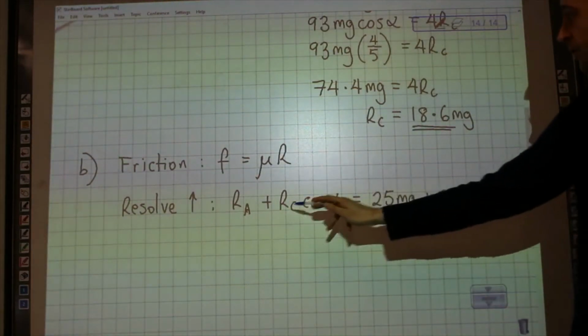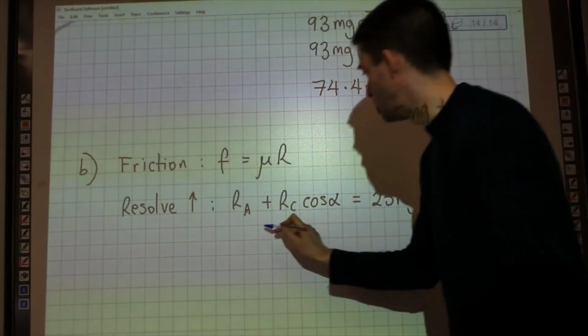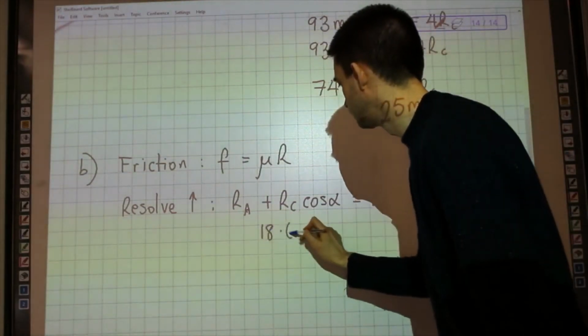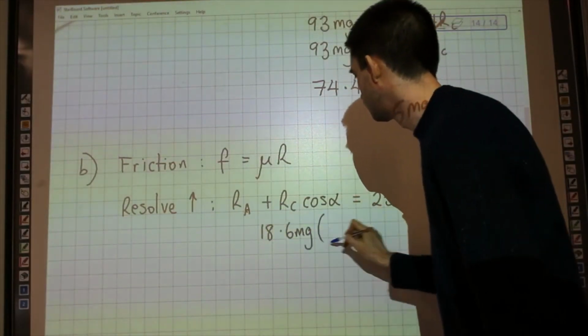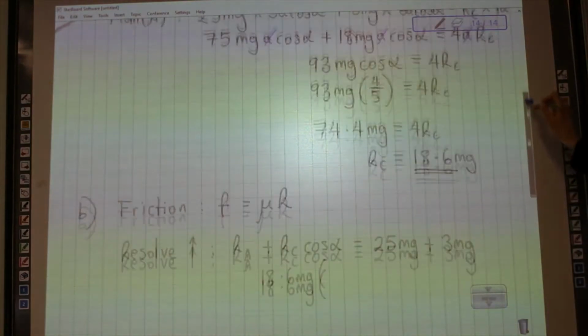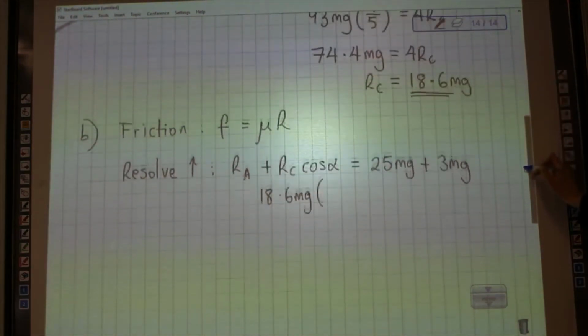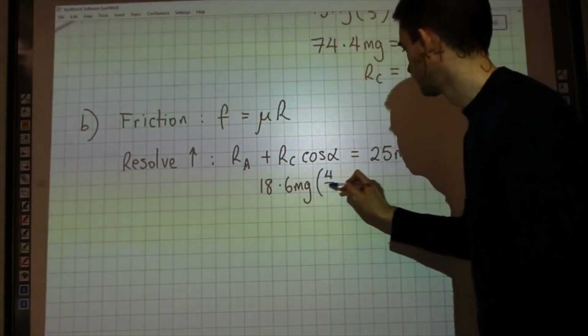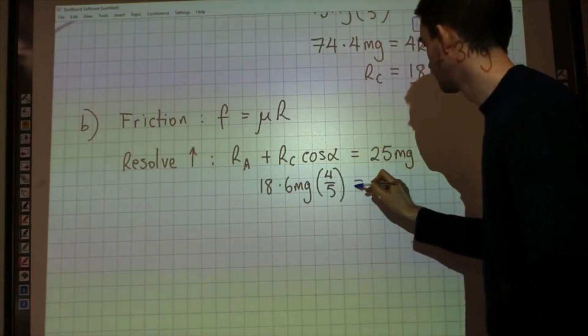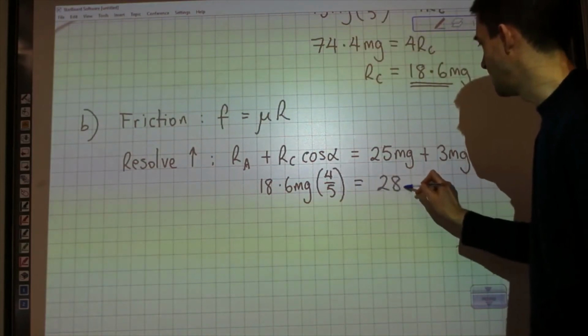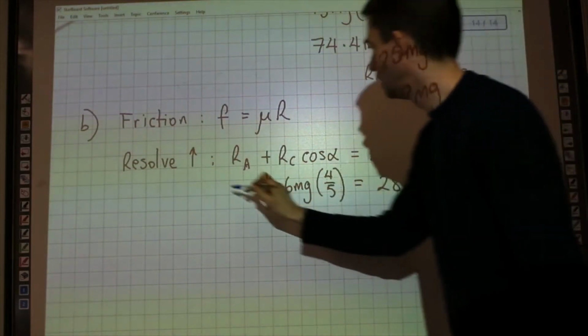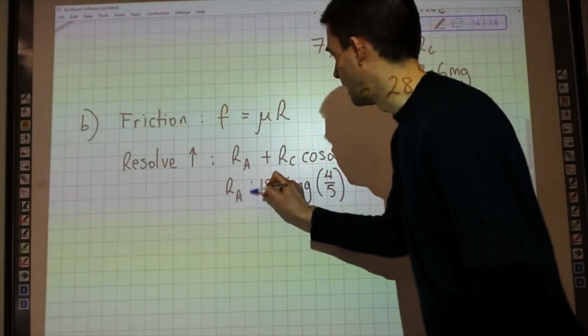What I know about RC is it's 18.6 mg. I know that cos alpha is 4/5. And that's equal to 28 mg. I've got RA plus that.